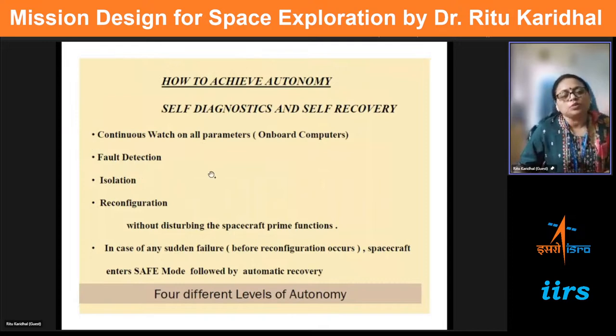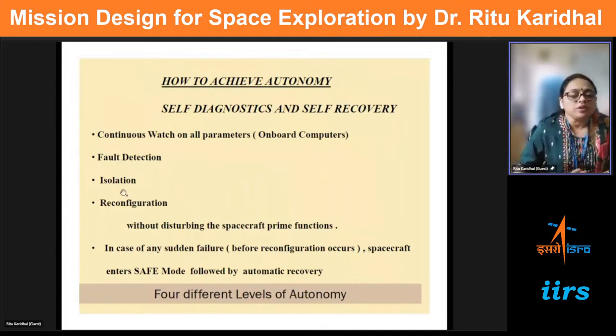The basic thing is the system has to do self-diagnostics. It needs to keep watching its own parameters and see whether any system is going out of bounds. We should be able to reconfigure, so that the self-recovery also it has to do on its own.